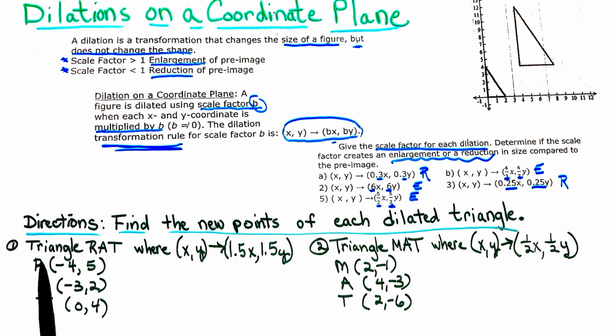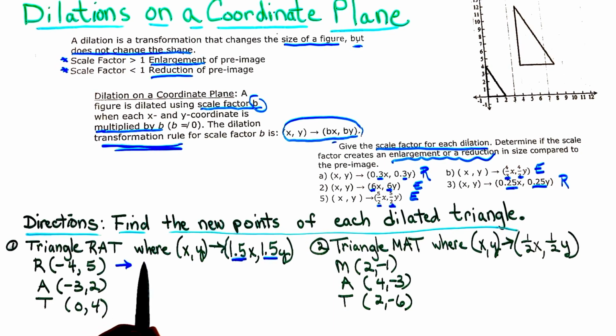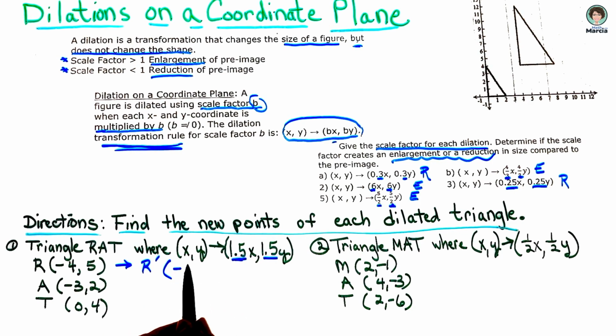So we have triangle RAT, where for x and y, it is going to go to 1.5x and 1.5y. So that means we are going to multiply each one of our points that are listed here by 1.5. And so when we go ahead and we do the R, our R prime, which means this is our new point, we are going to do -4 times 1.5, and that is -6.